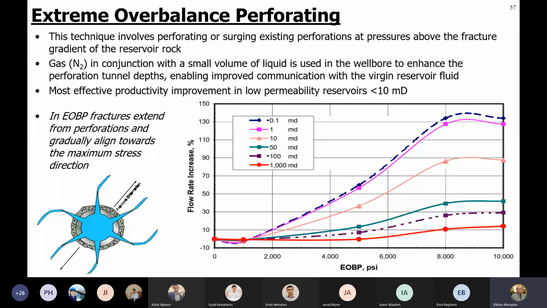What you can see here is that the least effect of the overbalance is for the 1000 millidarcy or 1 darcy reservoir, and the maximum effect is for the minimum permeability of 0.1 or 1 millidarcy. Why is that? Why, with higher permeability of the reservoir, is there less effect of the extreme overbalance? That is a question.